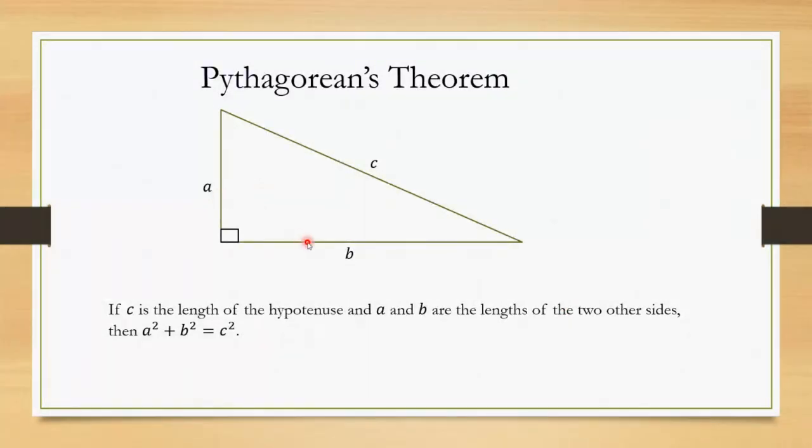If a and b are the lengths of the legs of the right triangle, and c is the length of the hypotenuse, which is the side opposite the 90-degree angle, then a squared plus b squared has to be c squared. That's Pythagoras' theorem. It's a good theorem that will come in handy.